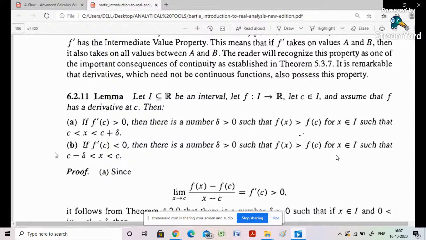The function will be higher at the point x, where x is in between c minus delta and c, and the minimum value occurred at c. So that means the function will be a decreasing function.